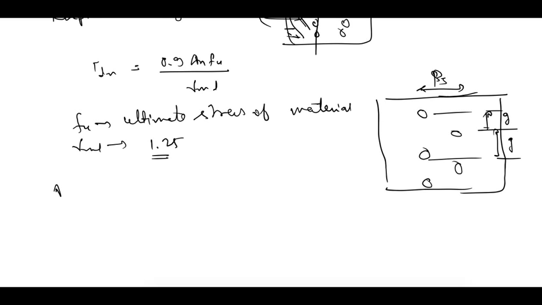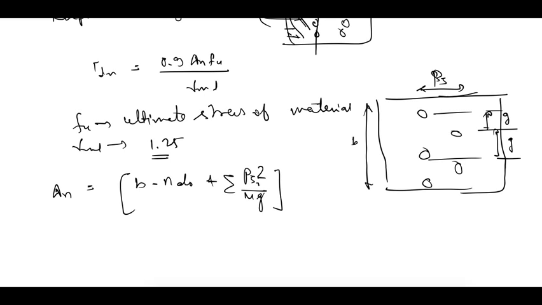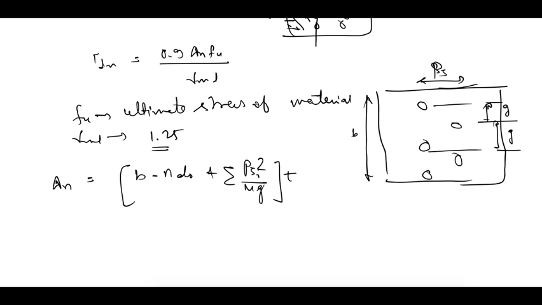The formula for net effective area is given as (b minus n d_0 plus sigma p_s squared upon 4g) multiplied by t, where b is the width of this plate. This term is used for every inclined surface.